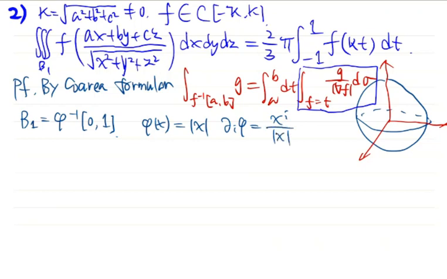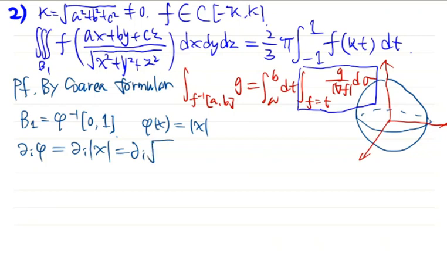How to know this? Maybe I will compute this again. The partial derivative of phi, where the norm of x is the square root of x1 square plus ... plus xn square.